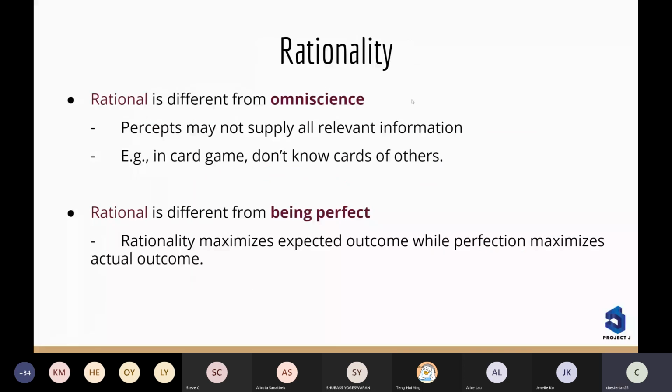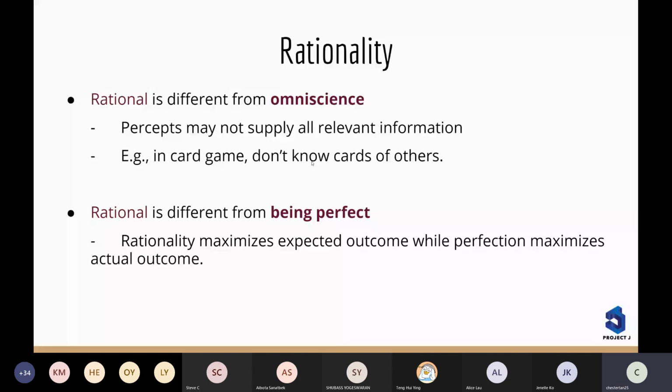So omniscience is the concept that everything is known. Rational is different from that because the percept sequence from the agent is not always all the relevant information that it can get. For example, in a card game, even if you have eyes, you cannot know the cards of the others. You can only see your own cards. You cannot know everything that you need to know, so this is a constraint.